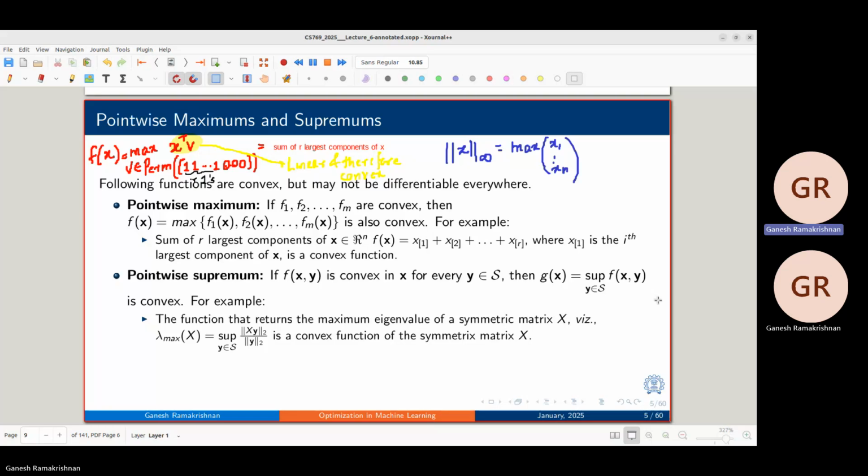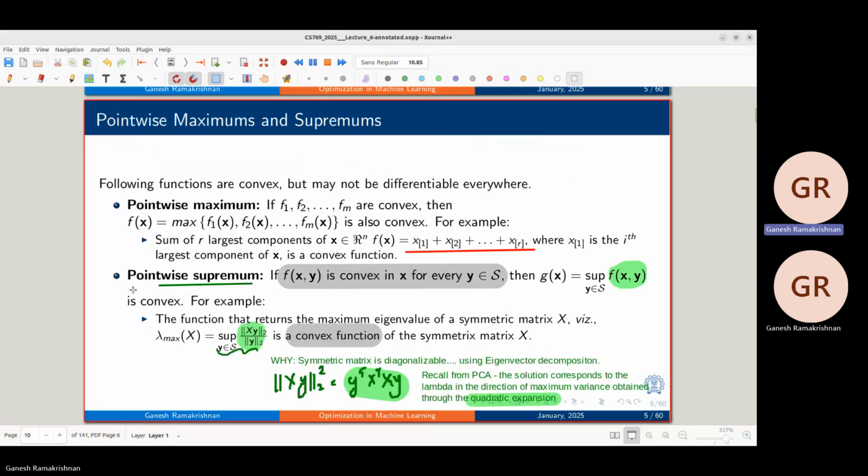So the intuition here is that if I had to do an eigenvalue decomposition of x, I would invest all the weight along the direction of the eigenvector with the maximum eigenvalue. Like in the point-wise maximum, where we did max over v in permutation of ones and zeros of x transpose vx, which is a max over linear functions.